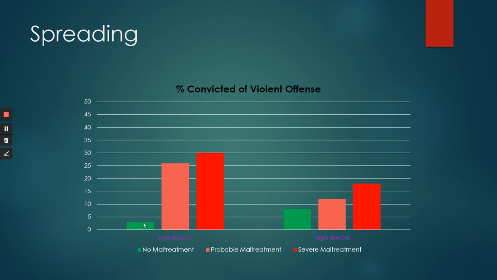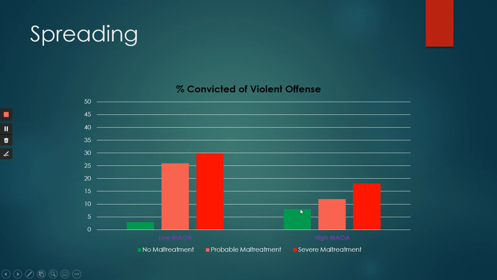I know it doesn't say good parenting environment, but I'm inferring that there's probably a good parenting environment if there's an absence of maltreatment in this case. However, if there's just any maltreatment, bam, it shoots way up. And even this middle group for the high risk is higher than the severe maltreatment group in the low genetic risk group. And then we have an even higher one for severe.